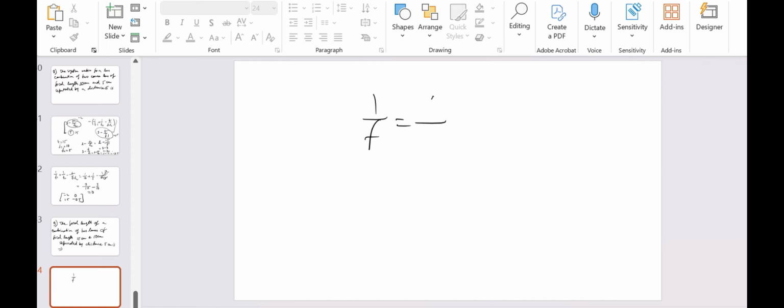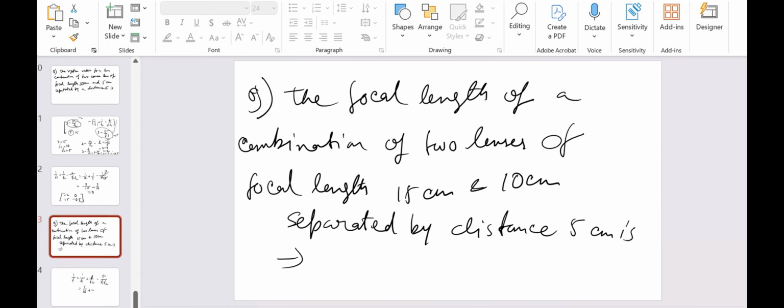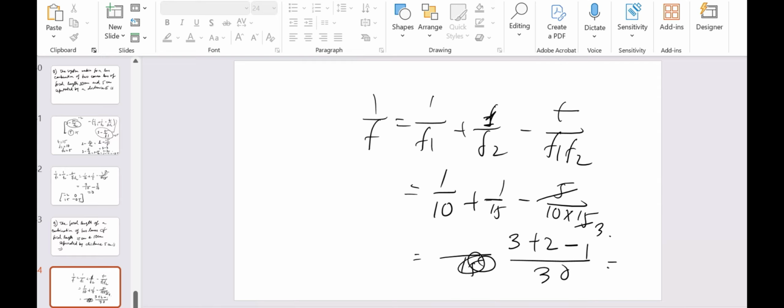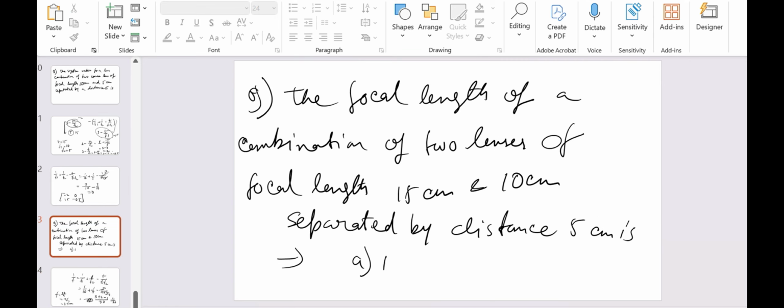So that is 1 by f is equal to 1 by f1 plus 1 by f2 minus t by f1 f2, that is 1 by 10 plus 1 by 15 minus 5 by 10 into 15. So that should be 30, so 3 plus 2 minus 1, so that should be 4 by 30. So f is equal to 30 by 4 or 15 by 2, that is 7.5 centimeter. So the answer would be option C, 7.5 centimeter.